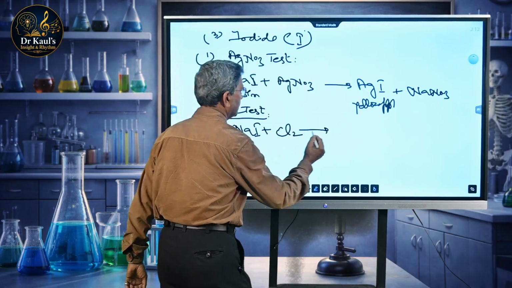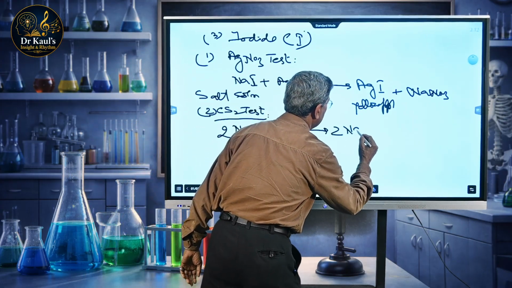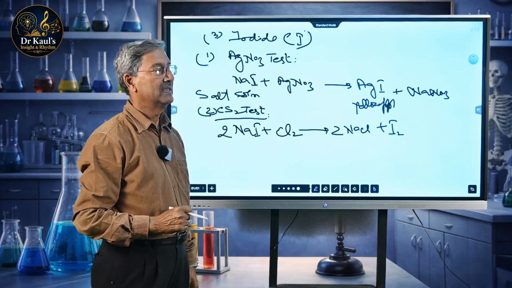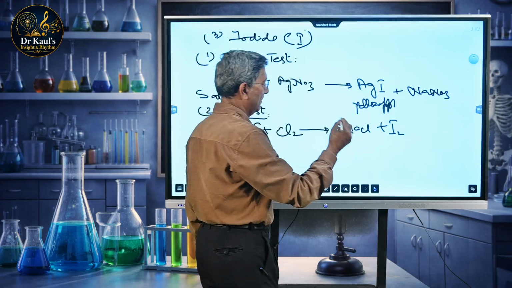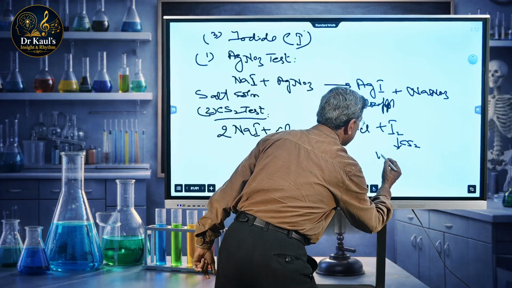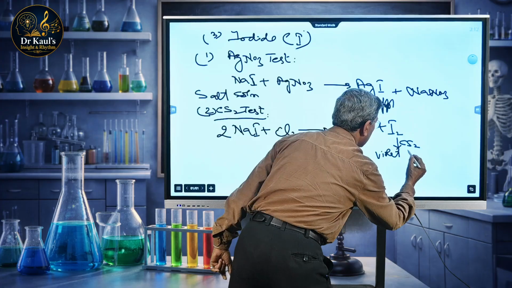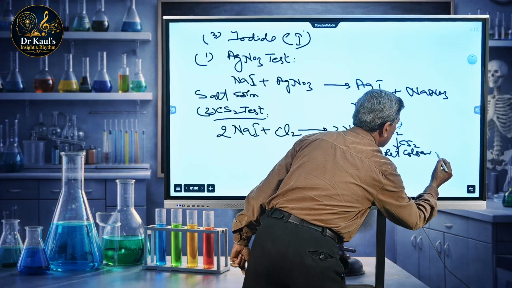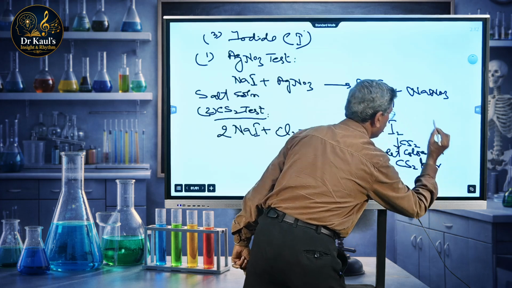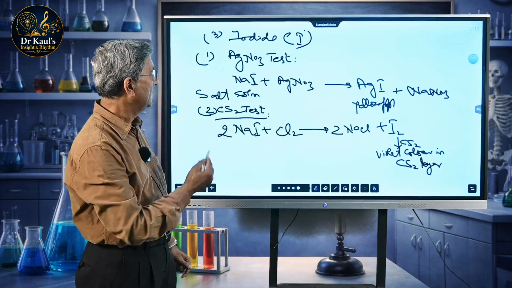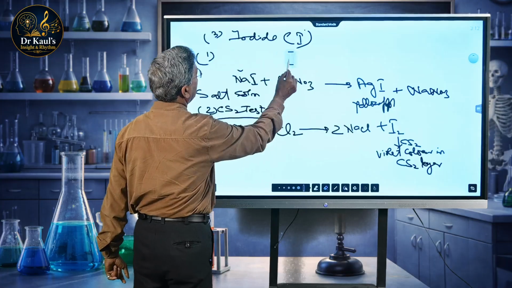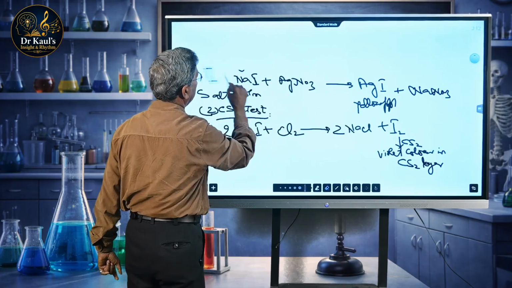So we get the formation of 2NaCl plus iodine is liberated. This liberated iodine, when it dissolves in CS2, gives a violet color in the CS2 layer. So in this way we can confirm the three halides, that is chloride, bromide and iodide.